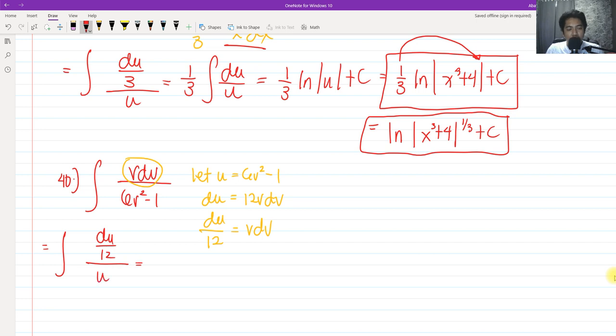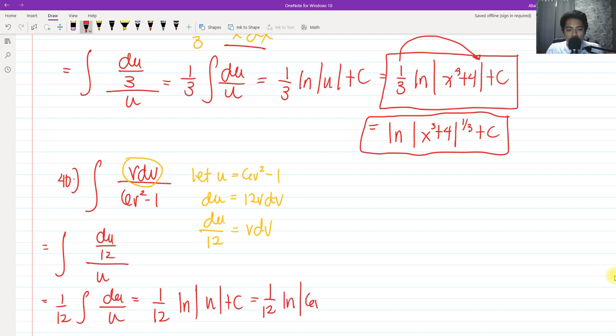Over 6v squared minus 1, that is our u. Okay, so what are we going to do? Here we have 1 over 12 times the integral of du all over u. Okay, so we have a natural logarithm again. So ln of the absolute value of u plus c. Don't forget to substitute back the original variable for u.